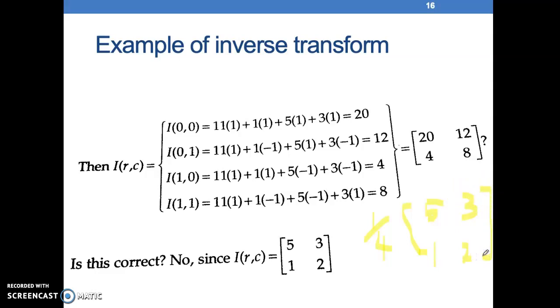Although you can simplify it, you are not getting the same as the original. So maybe some of the information will be lost, or maybe you will get a brighter image, since the pixel value is greater than the original.